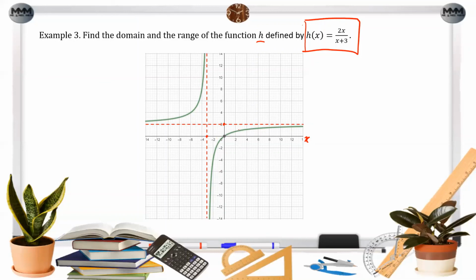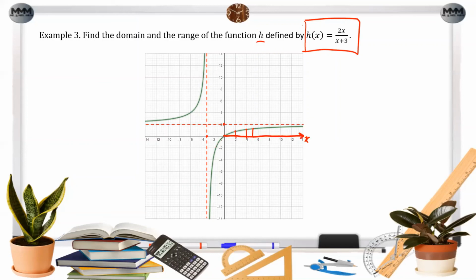So if you're going to locate, for example, we have this point, so x is 0. Let's start first on the domain. If you have this point, it's 2. From here, we have found that this is included in the domain.